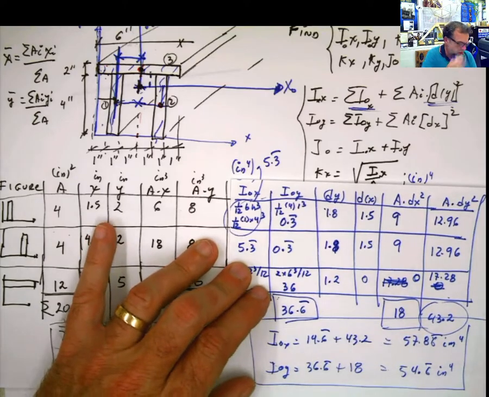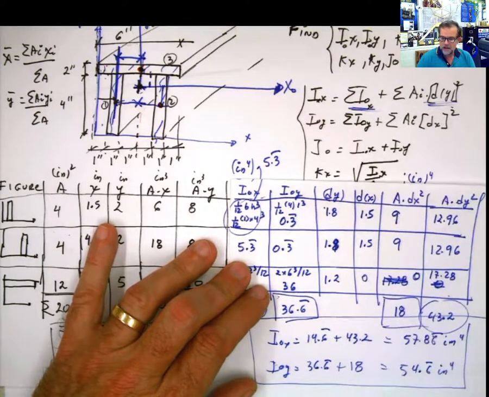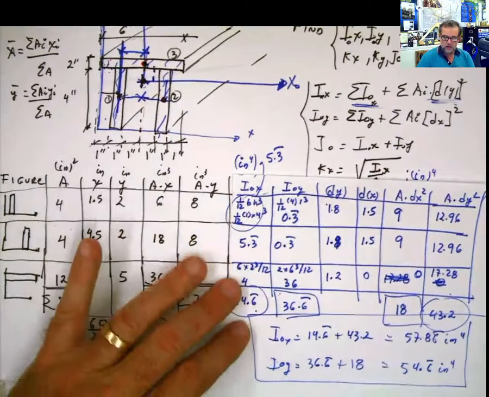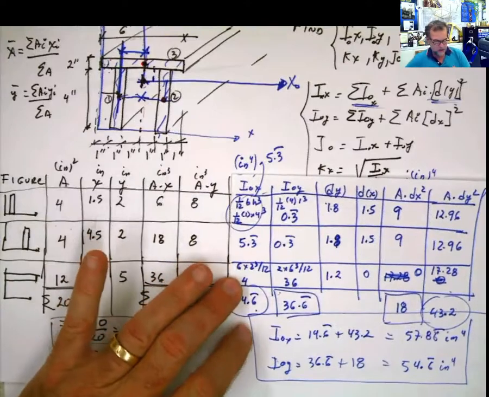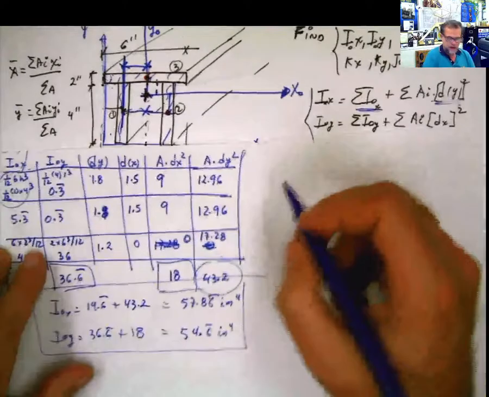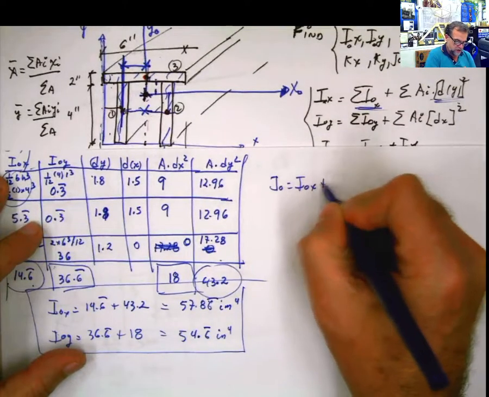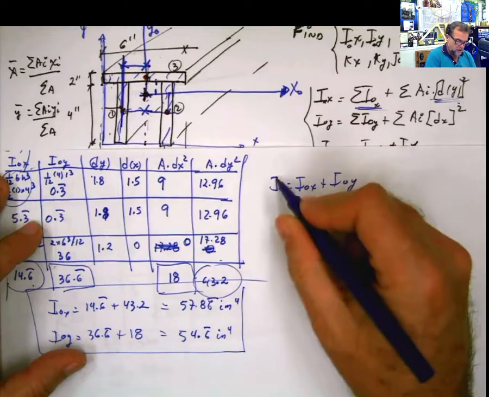Now, the other thing that we have to do is J. Well, J is extremely easy. J is just the summation. Now I'm going to move this here, and I'm going to say, okay, J sub 0 is just I sub 0 X plus I sub 0 Y, polar moment of inertia.